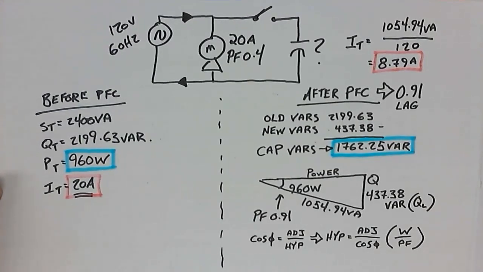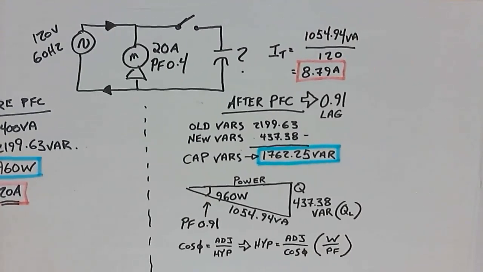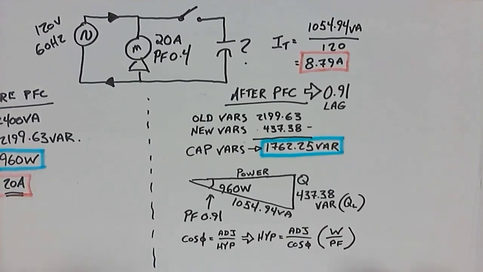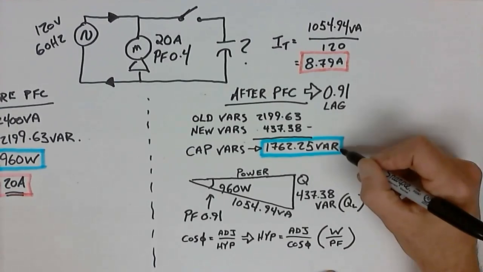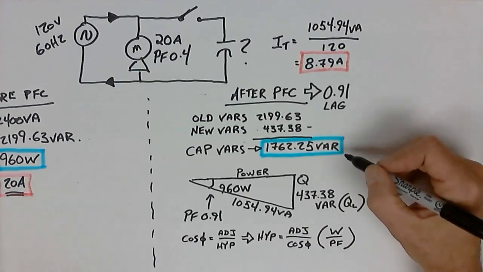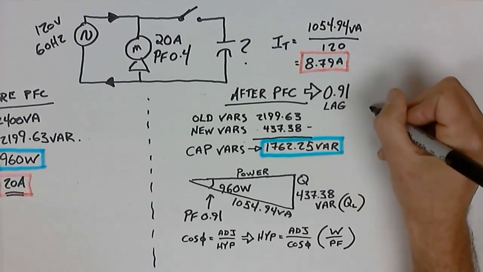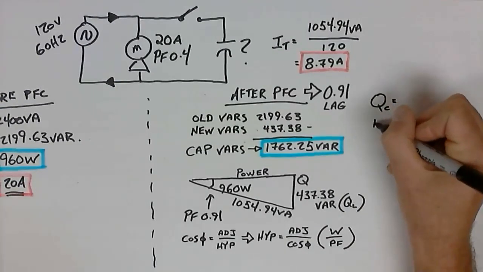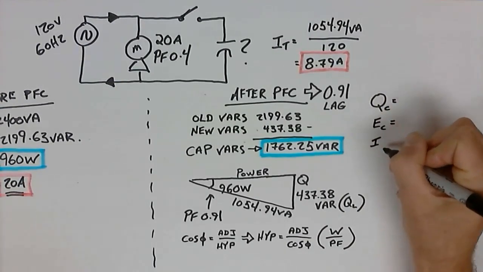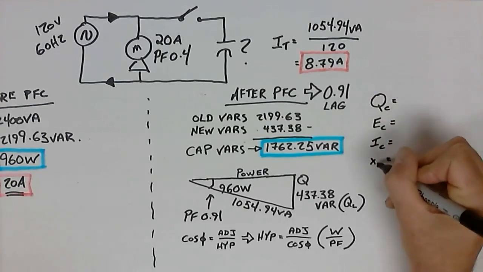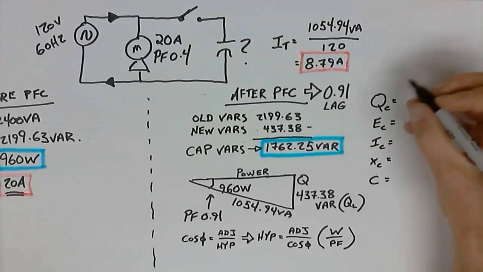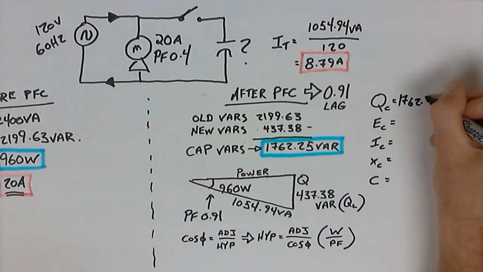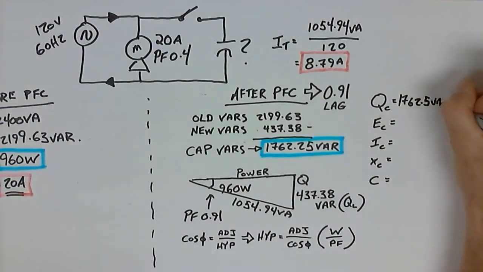Just for excitement, because I know loads of excitement with power factor correction, let's just complete the final calculations with this capacitor. So we said we had a 1762.25 VAR cap. Let's list all of the variables relevant to the cap: Q, E, I, XC, and finally C. So Q, the VARs of the cap, is 1762.5, right? That was the VARs.